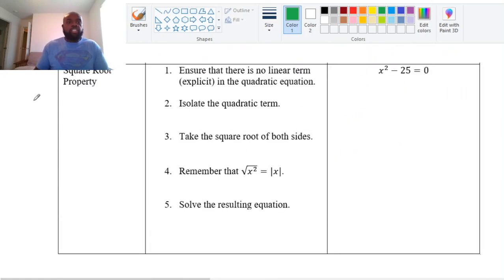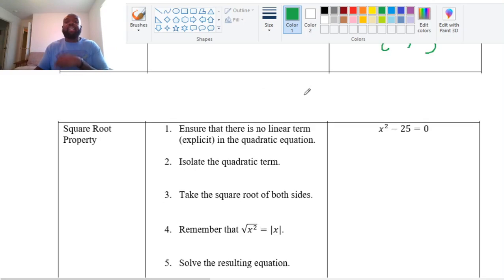The other method is to solve the quadratic equation using the square root property. All right, the square root property is used for very specific quadratic equations, right? We have to ensure when we're using this method that either there is no linear term explicit in the quadratic equation, or we rewrite it so that we don't explicitly see a linear term.